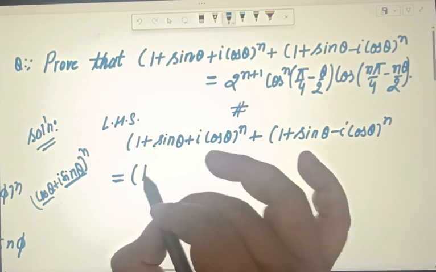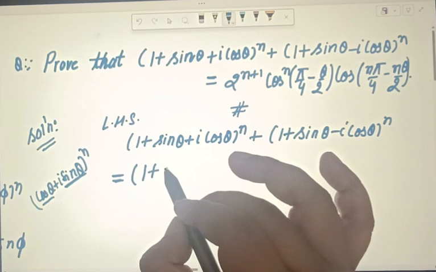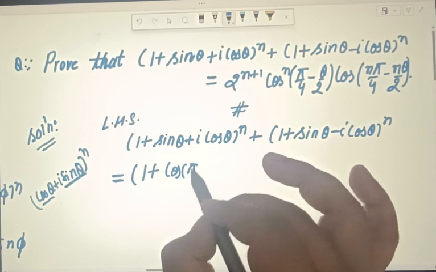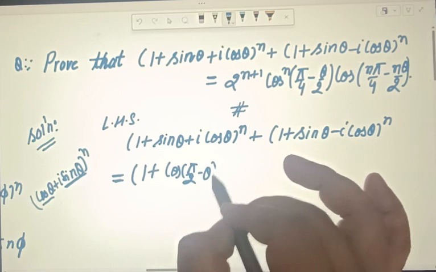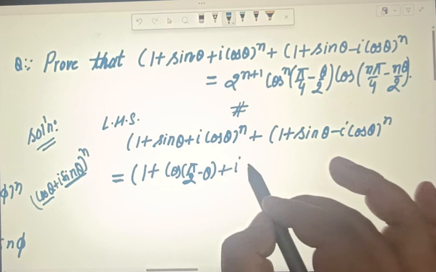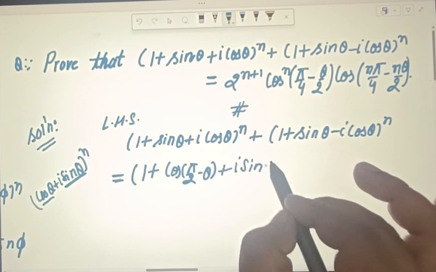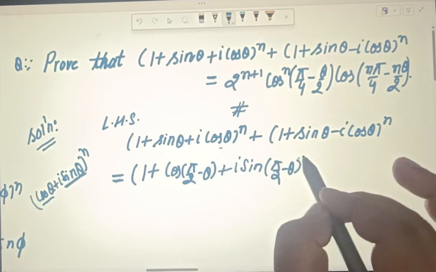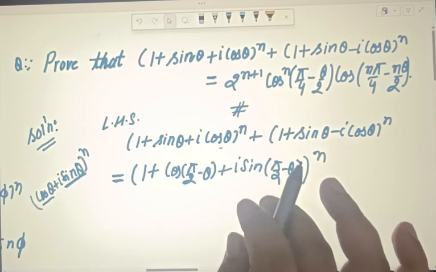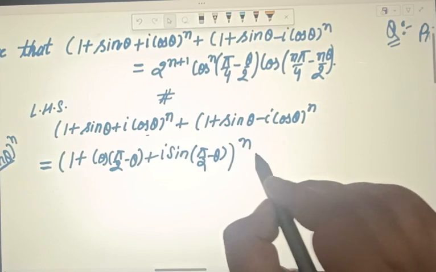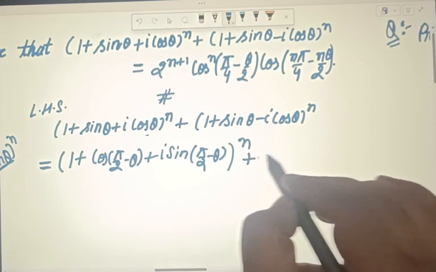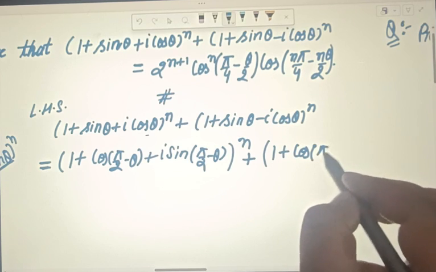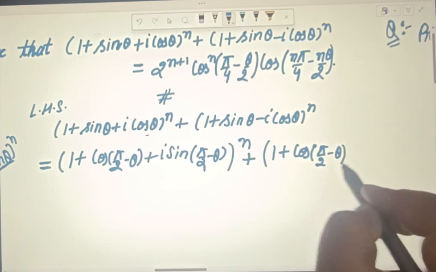So I will write 1 + cos(π/2 − θ) + i sin(π/2 − θ) in place of sin θ, the whole power n. And similarly in this part, 1 + cos(π/2 − θ) − i sin(π/2 − θ), to the whole power n. We are doing very basic mathematics.